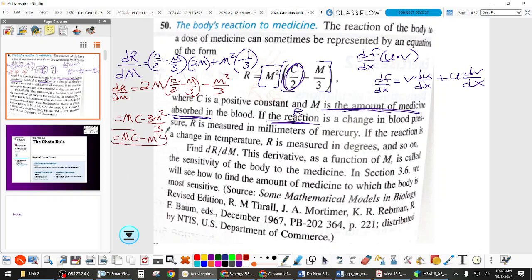And we simplify that all down. Did anybody take it that far? Which is a lot easier to plug into than the first one. However, if we were asked to evaluate this at some initial concentration of the medicine, where would you plug that in? Would you get it all the way down to mc minus m squared and then plug in, or plug it in right after this first purple step?